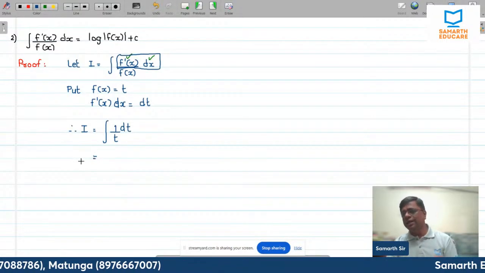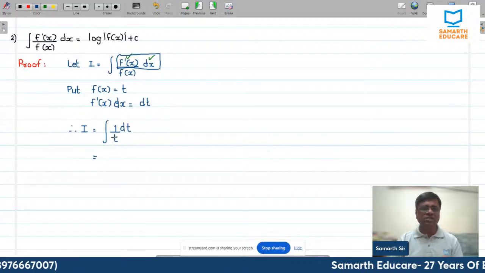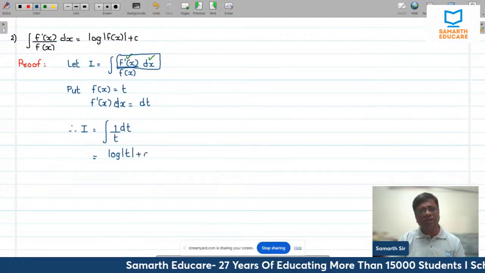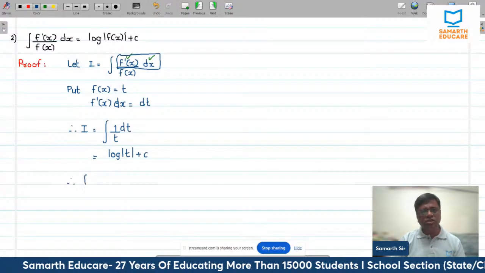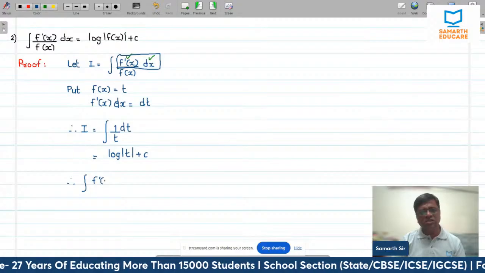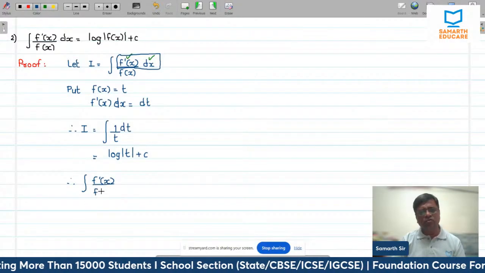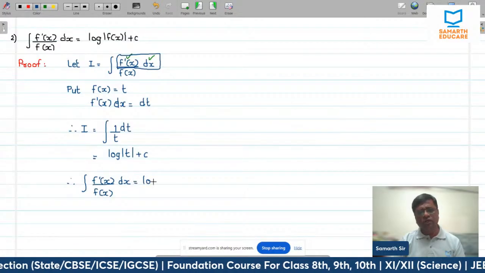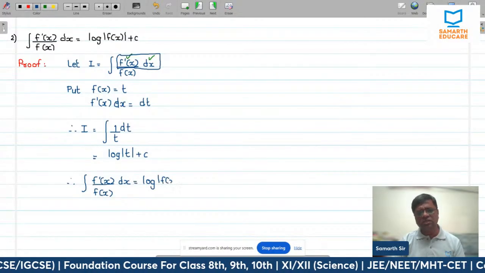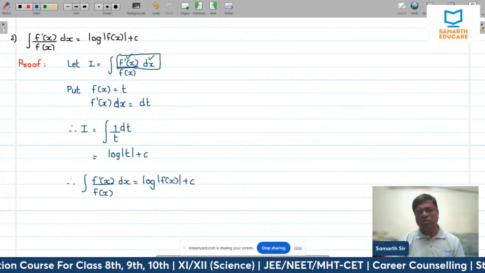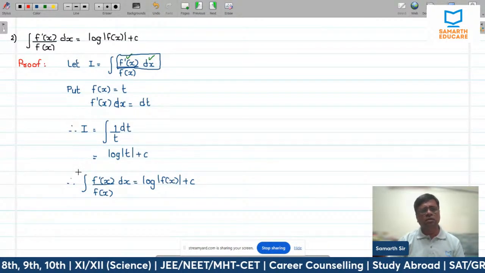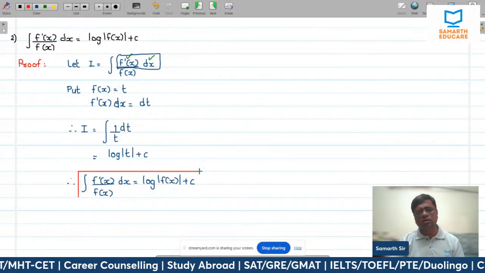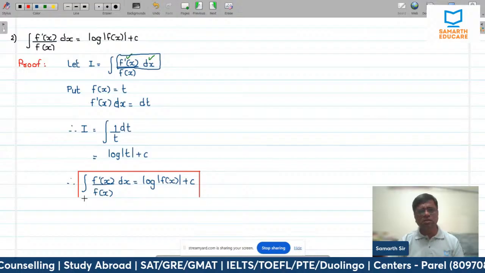What is the integration of 1 upon x? 1 अपॉन x का इंटीग्रेशन log x है, तो यहाँ पे आएगा log of t plus c. That means integration of f dash x upon f of x dx is equal to log of t. क्या है? t is f of x, plus c, right? This is the second one.